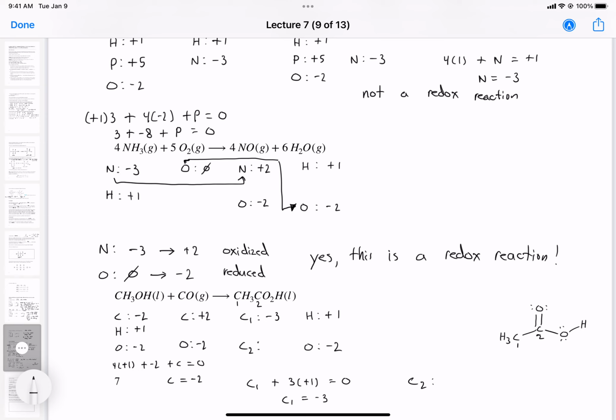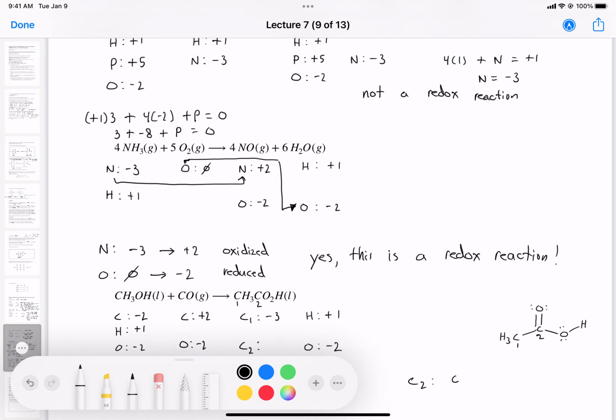So remember how we separated the bonds, split up the electrons. So maybe we should do it a little differently.